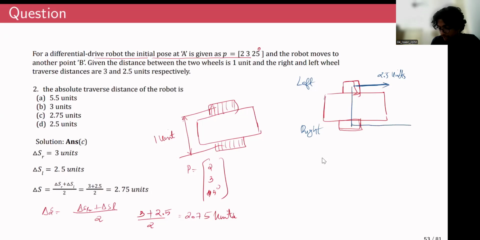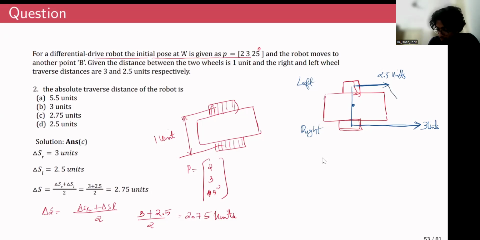So I'll draw a slightly larger arrow, 3 units. And you are asked to find the absolute traverse distance of the robot, which is nothing but a scalar quantity to denote the distance that the center point of the robot would actually move.